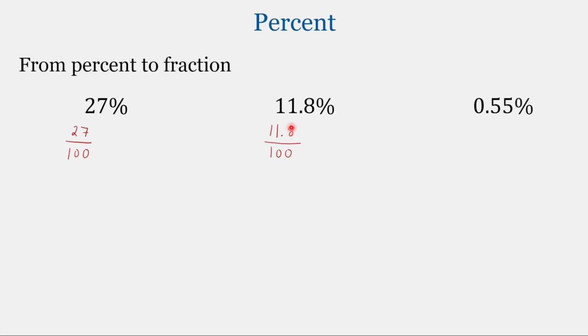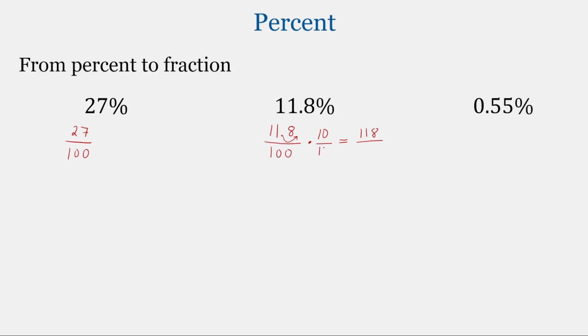So in order to get rid of a decimal that's in the tenths place, we multiply it by 10. Multiplying this by 10, that's going to move the decimal place one place to the right, giving us 118. But we can't simply multiply by 10 and keep everything the same.